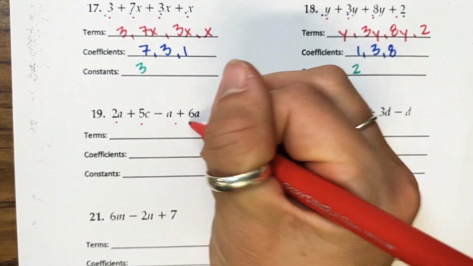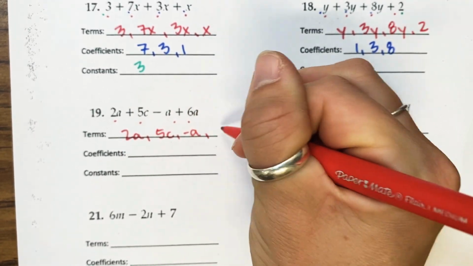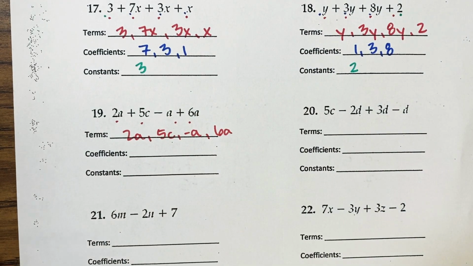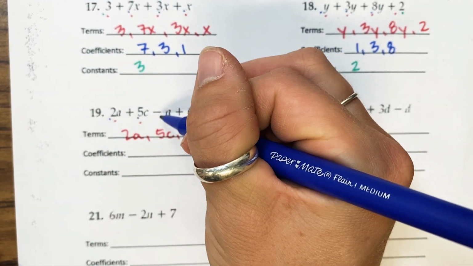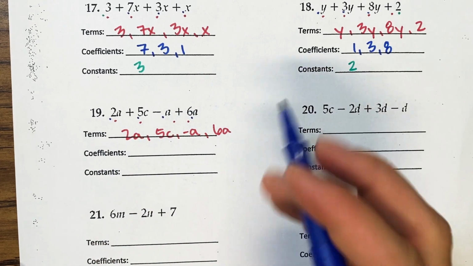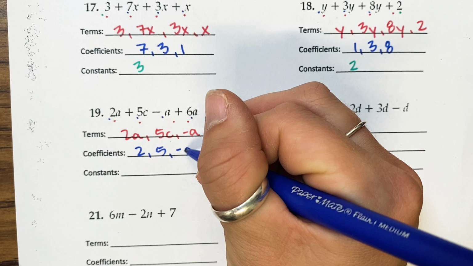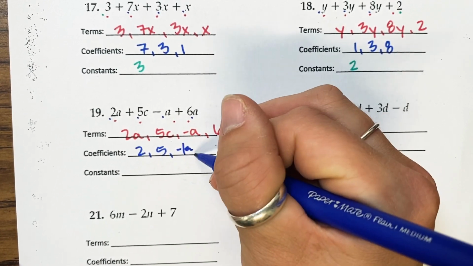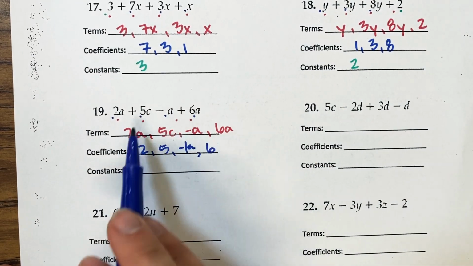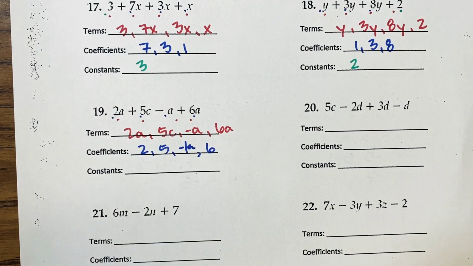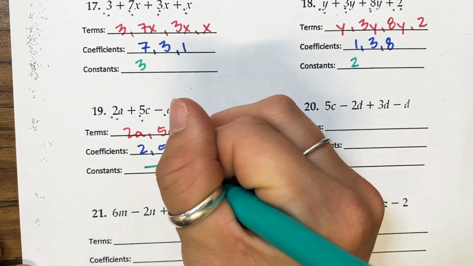Terms, 1, 2, 3, 4 again, 2a, 5c, negative a, and 6a. Okay, our coefficients, 2, 5, negative 1, and 6. Okay, do we have any constants left? Any numbers that are right by themselves? Nope. No constants. None.